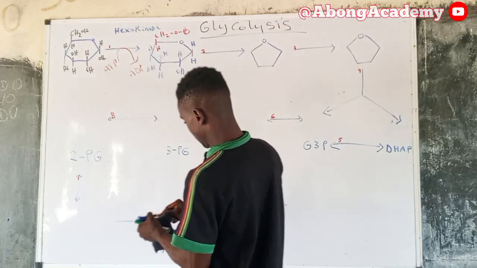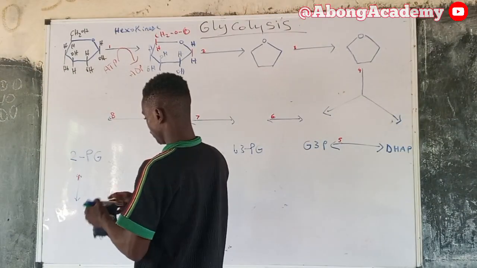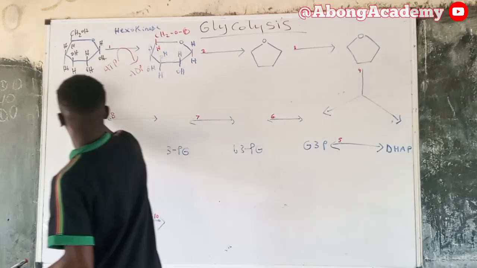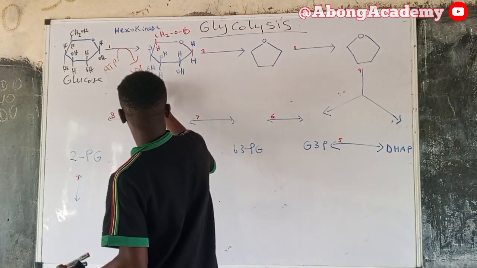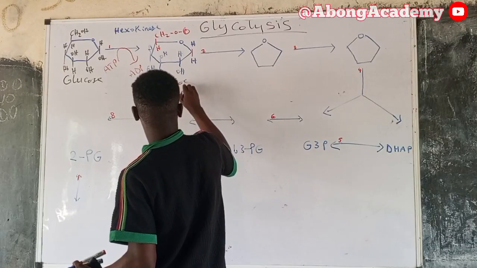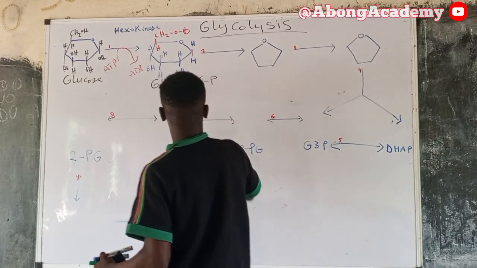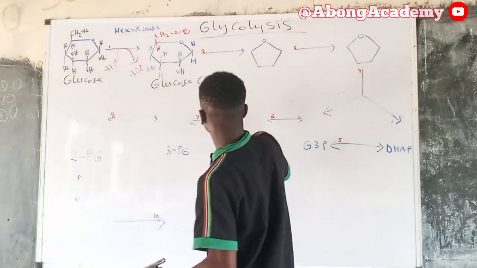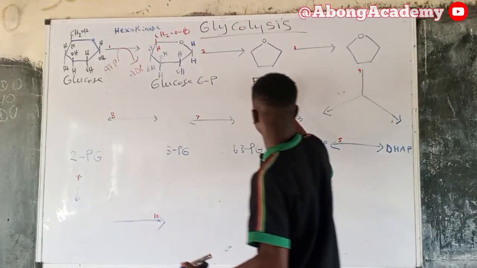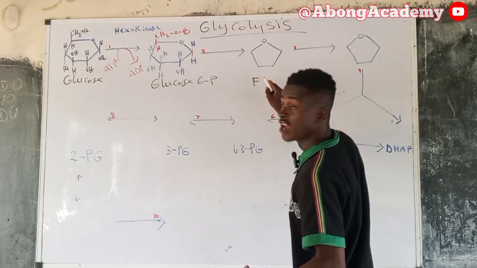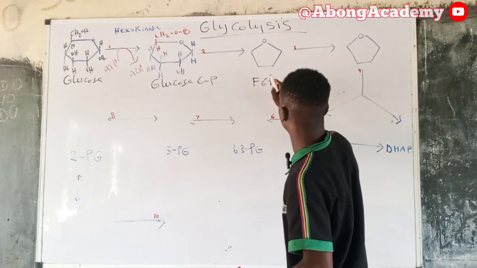Now we said that this is glucose, and the product that is formed is glucose 6-phosphate. Now this glucose 6-phosphate is isomerized to fructose 6-phosphate, which we are going to represent here as F6P.